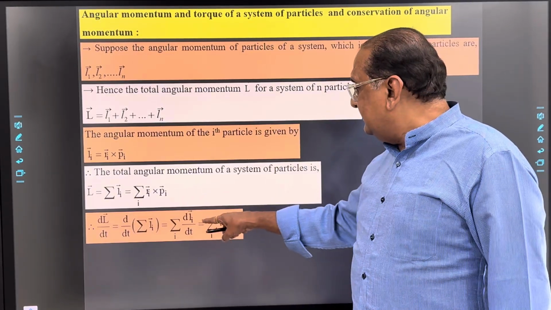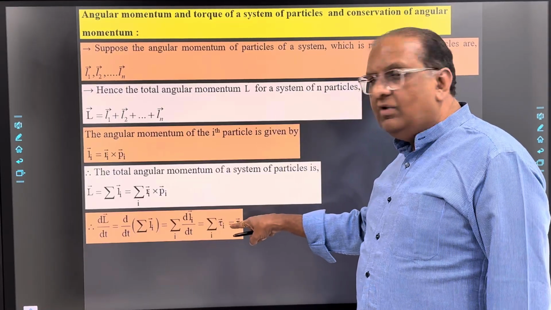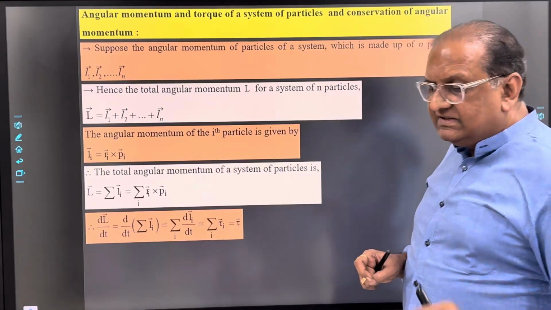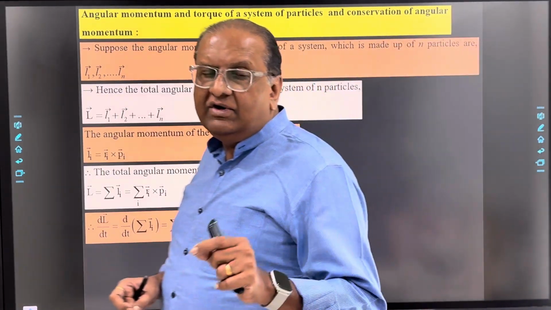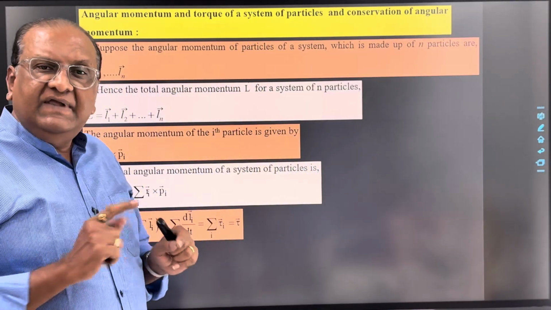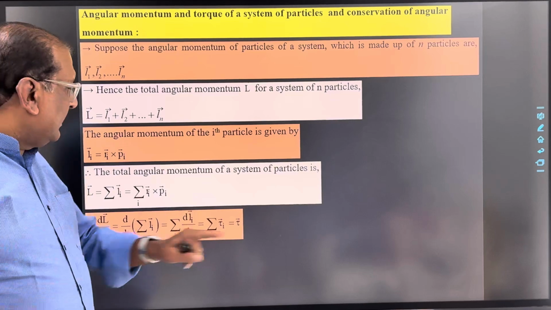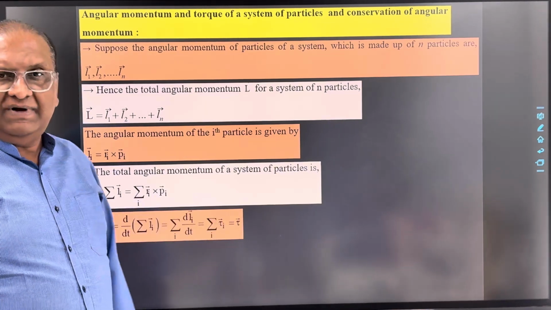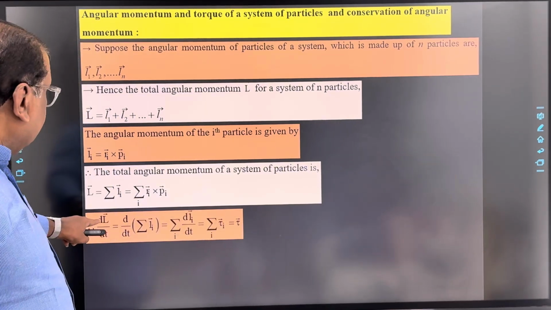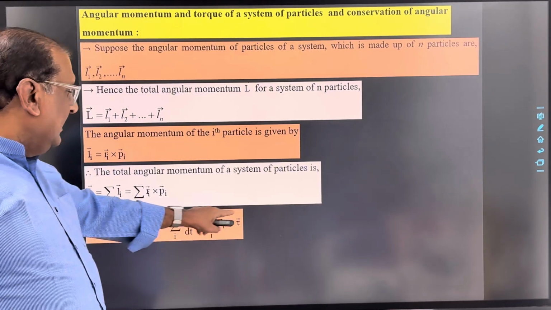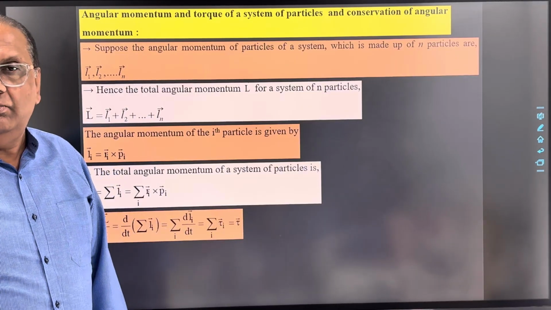So this is equal to sigma tau i. Now the vector summation of the torque acting on each and every particle will give you the net or resultant torque acting on a system of particles. Now see here, we get dL by dt equal to tau.